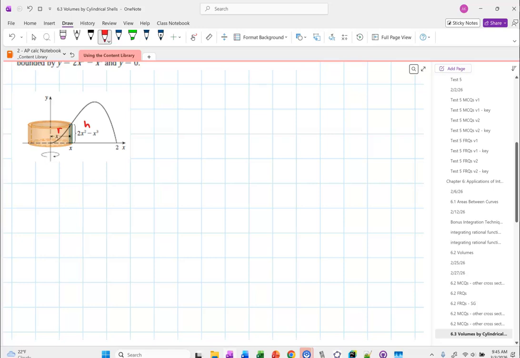Okay, so we have this. The x is our radius, that's what's going to be changing, so x varies from 0 to 2. So I know we're integrating from 0 to 2, and because the x is the coordinate that's changing, that's my radius, we're going to be integrating with respect to x.